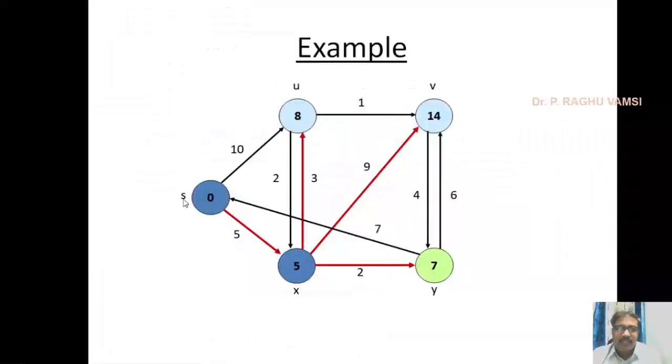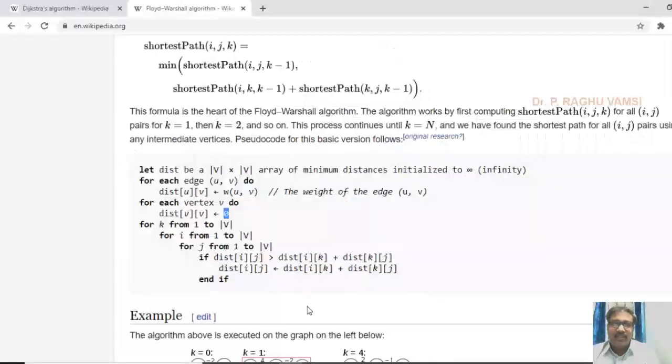That is, the distance of SU is equal to distance of SX plus distance of XU. That is, the minimum cost will be updated with the source. So this is the way you are supposed to do this.